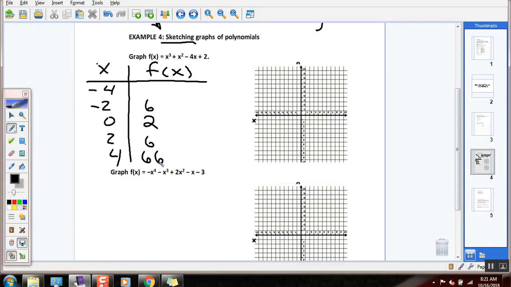-4 cubed is -64. Negative 4 squared is plus 16. So negative 64 plus 16 would put me at negative 48. Negative 4 is another plus 16, so that takes me down to negative 32. Add 2 more. I like negative 30, okay? I'm going to look at your calculator here in a little bit and make sure we're getting that in there correctly. Are you putting the minus sign in or the little negative sign in?